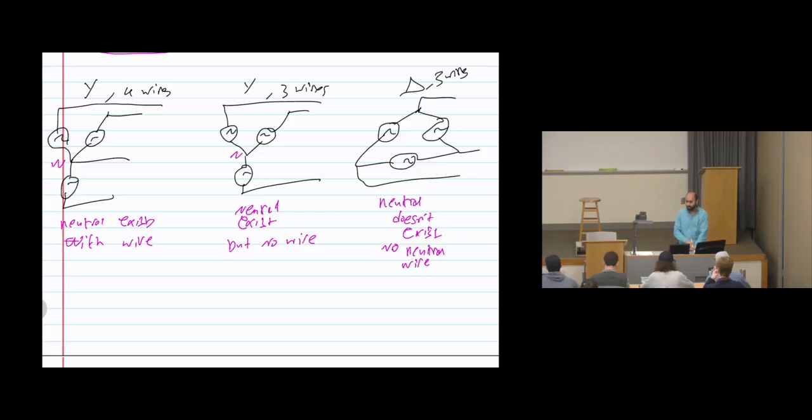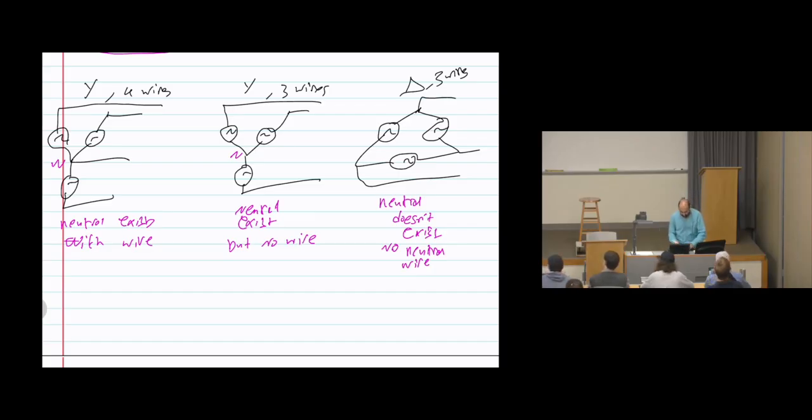In 4 wires, there is a neutral conductor that connects the source to the load. In 3-wire Y, the neutral still exists, but we don't have a conductor for the neutral. Then the third type is delta, where the neutral does not exist at all.